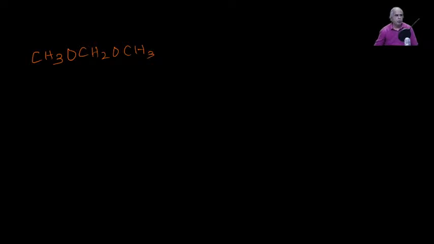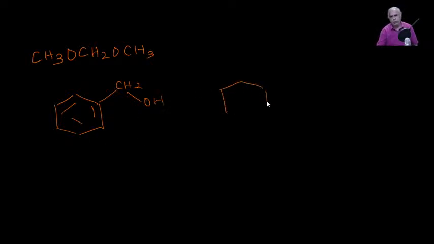Now, what is the IUPAC name of benzyl alcohol? As and when required, we have to check the naming system. This is known as benzyl alcohol. You know very well, this is phenol.